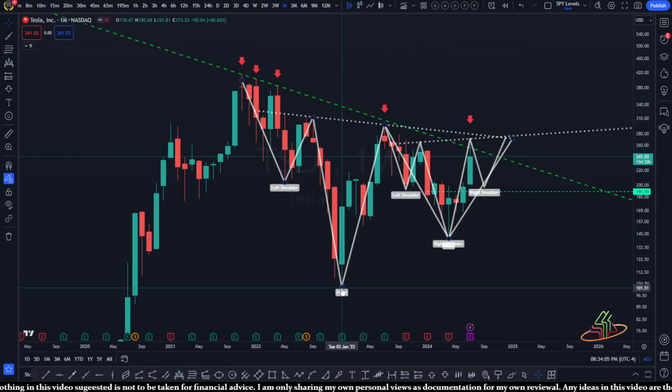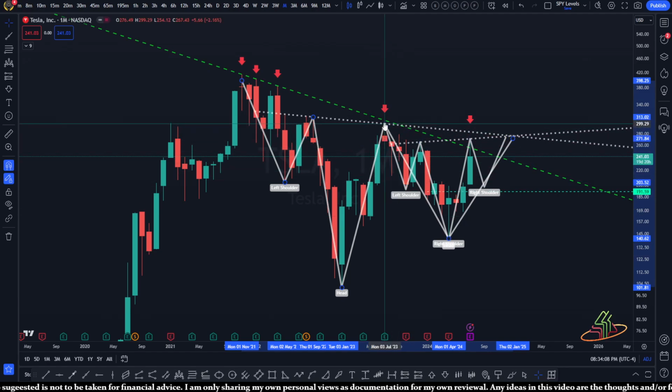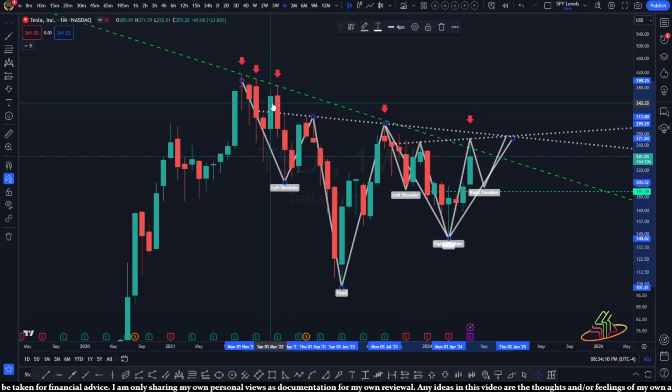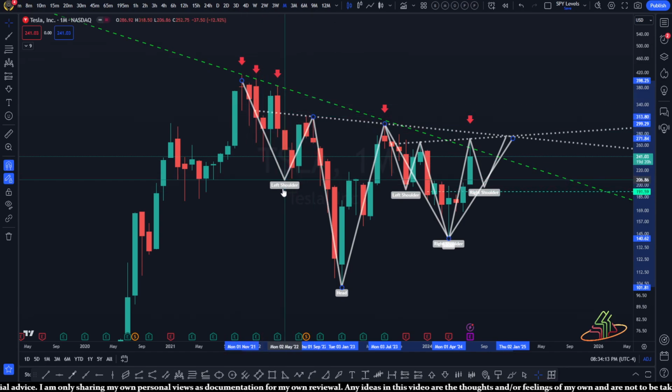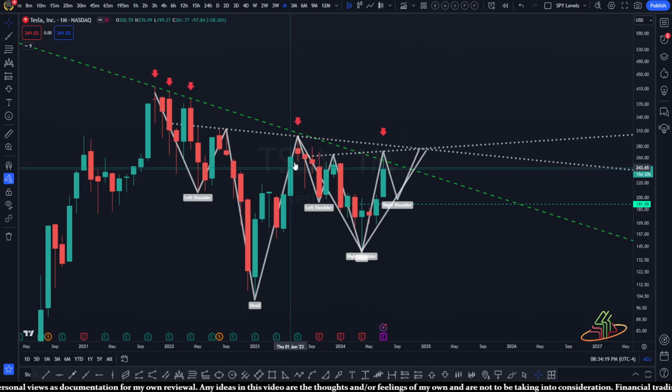And when we do all of this all together, right, and we look at how these lines interact off of these next to inverse head and shoulders, I personally would say that in December, possibly, so because this is where my line is intersecting, in December, possibly, is when Tesla actually breaks out.